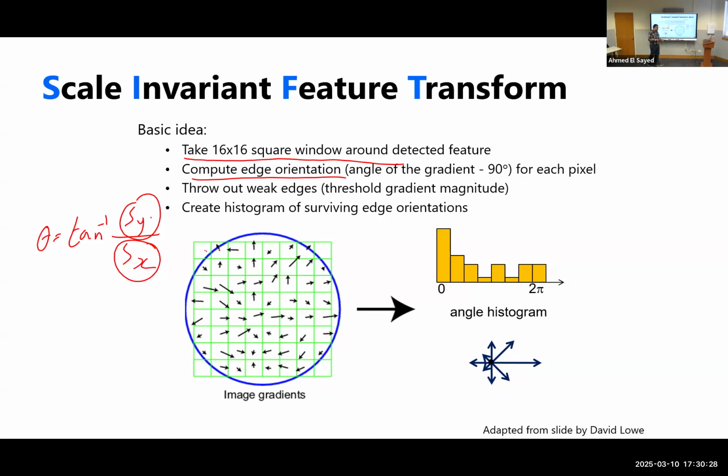Then I will start to quantize them. What is the meaning of quantizing them? I will round them.